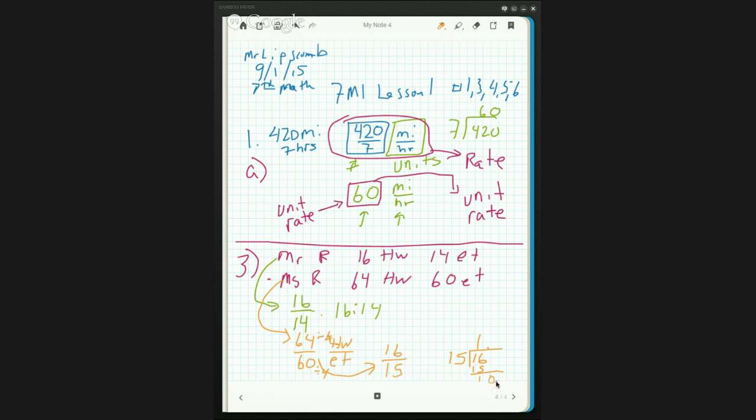Then 15 goes into 10 0 times. If we continue down with our division, which I won't write the whole thing out, we'll get 1.066666 repeating. And this is our unit rate.